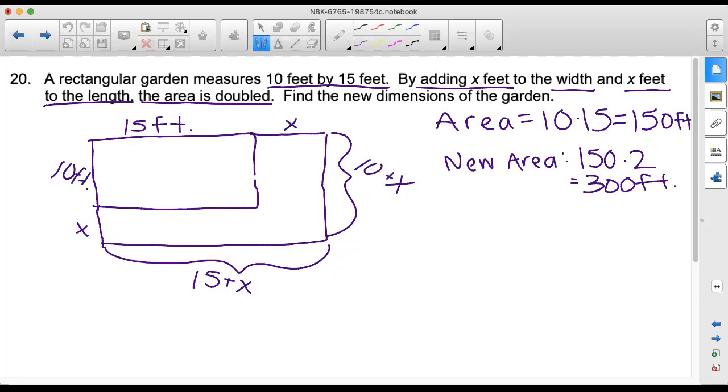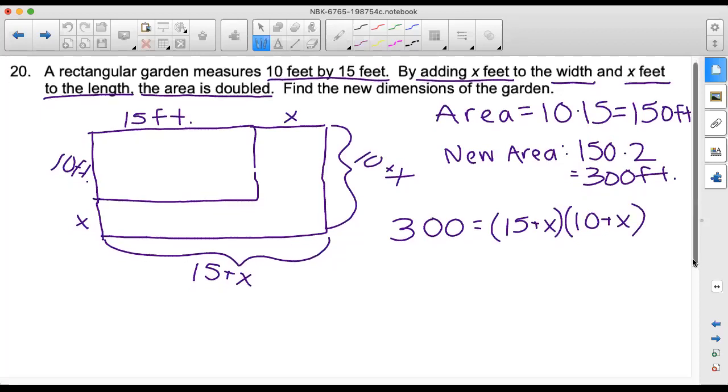When we're setting up this diagram or the equation, what should that look like, Leah? 300 equals 15 plus x in parentheses, and then another parentheses is 10 plus x. Awesome.